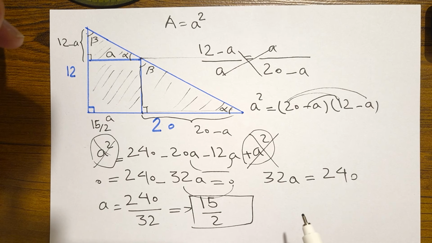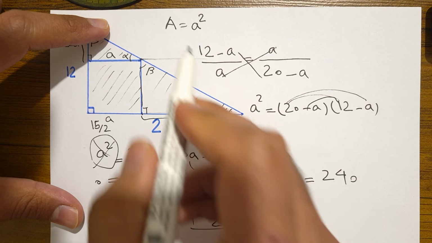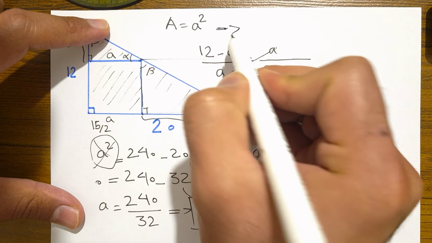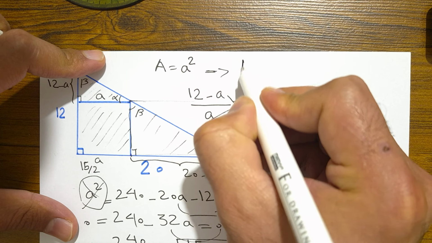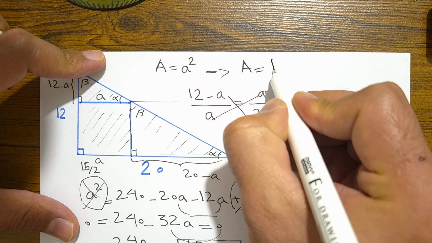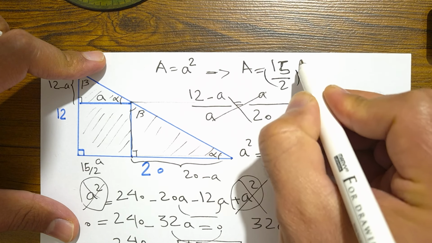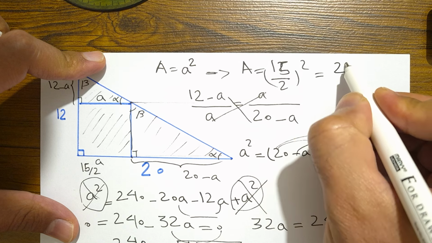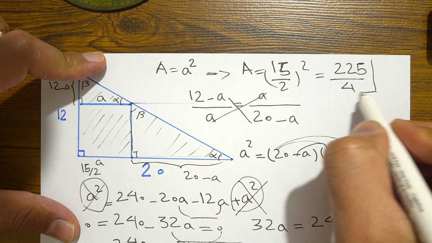And then if we do the calculation for A squared, which is the area of this square, it is 15 over 2 squared, which is 225 over 4. So that's the final answer.